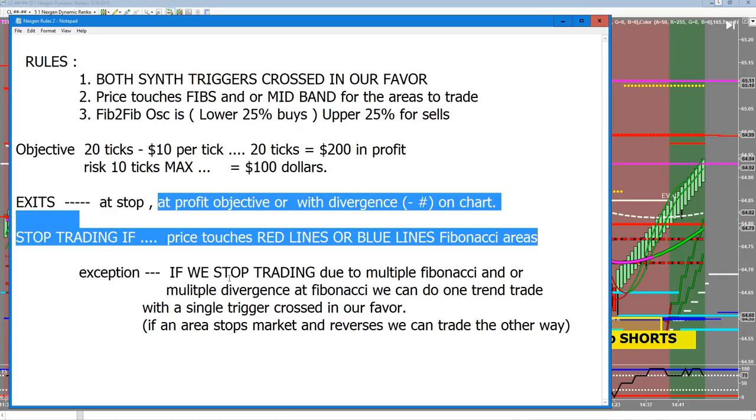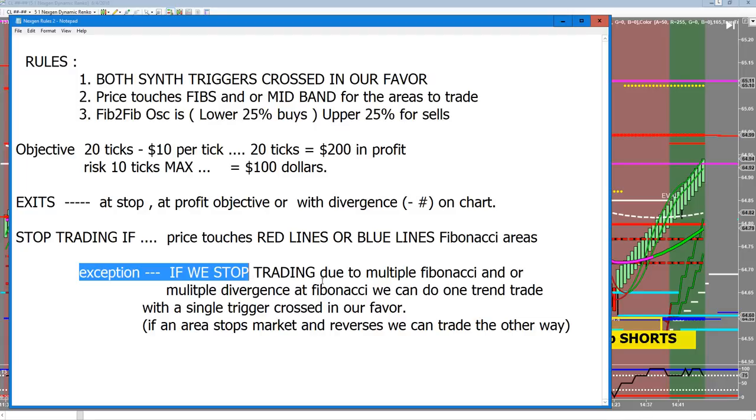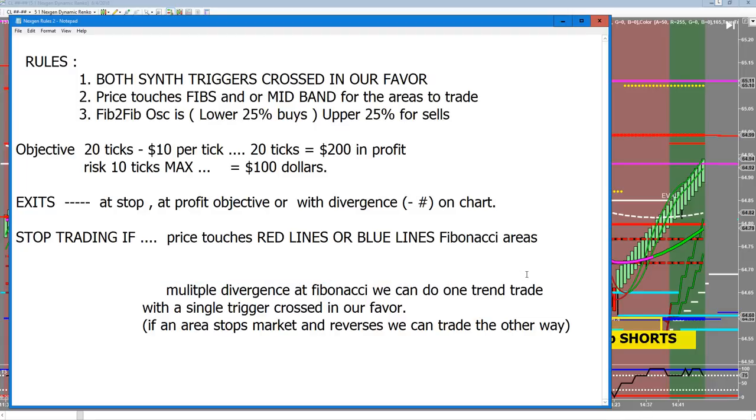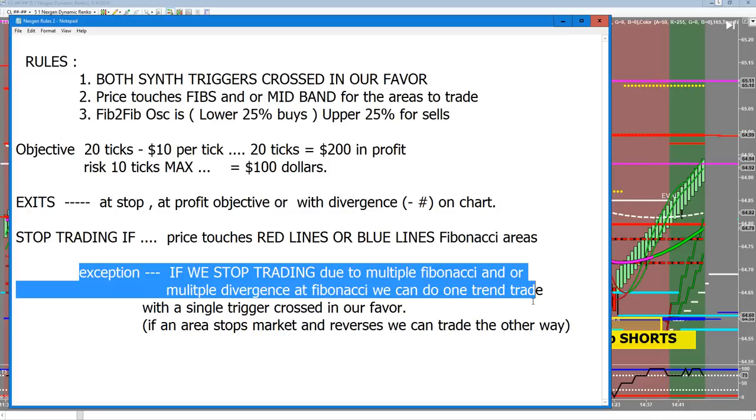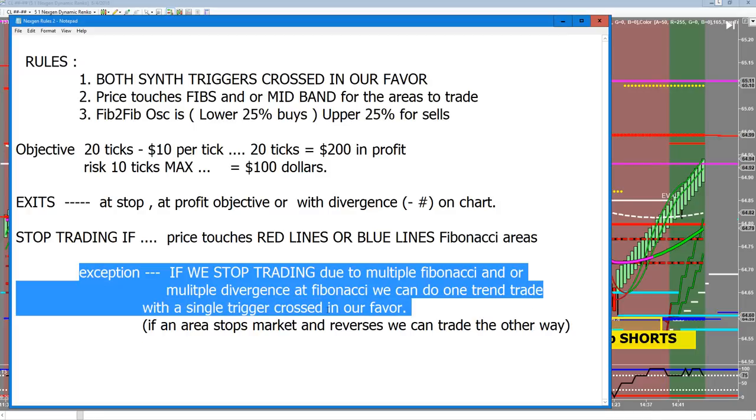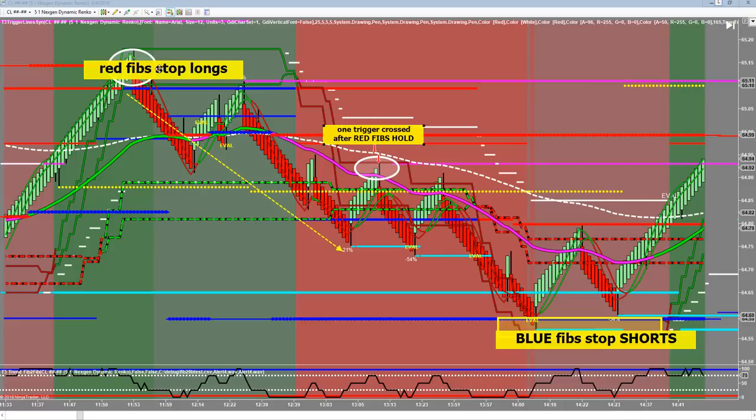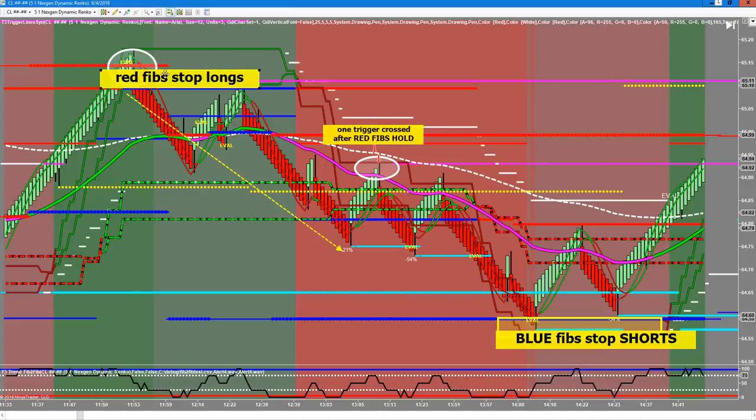If we stop trading due to multiple fibs and or divergence, we can do one trend trade with a single trigger cross in our favor. Does everybody understand this? Very, very, very important. If the red fibs stop your long trades, and then eventually the triggers roll over, even if you have one, you can do one trigger crossed trade.